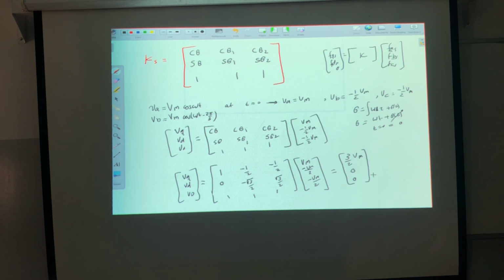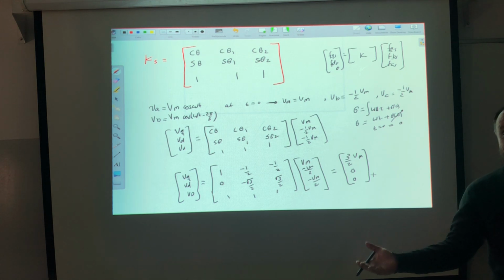Okay, now let's return back to Abdullah. Abdullah told me that imagine I can find a scaling such that the transformation will preserve the amplitude. If I need to do that, then I need to multiply by what? I need to preserve the amplitude, so I need to multiply by 2 over 3.